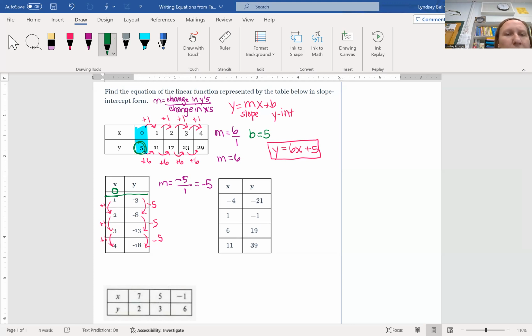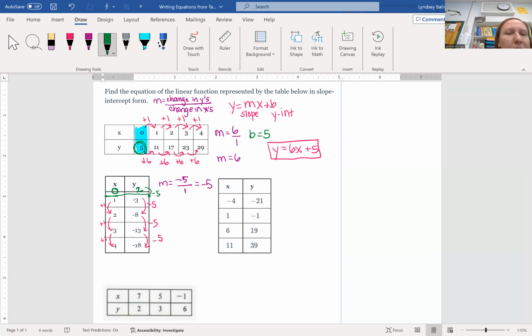Well, since I know that at 1 it was -3, and whatever was above this had to go down 5 to get to -3, we can use some reasoning here and figure out what that number is. So what minus 5 would be -3? And that would be a +2.